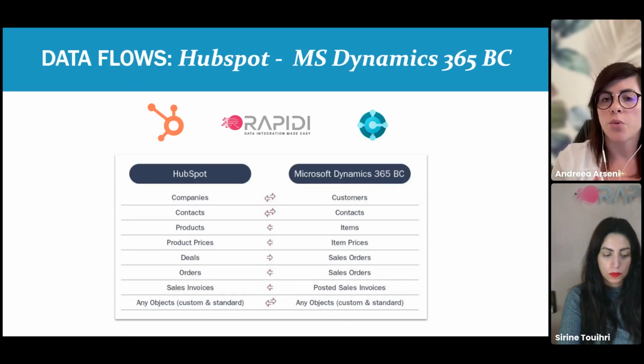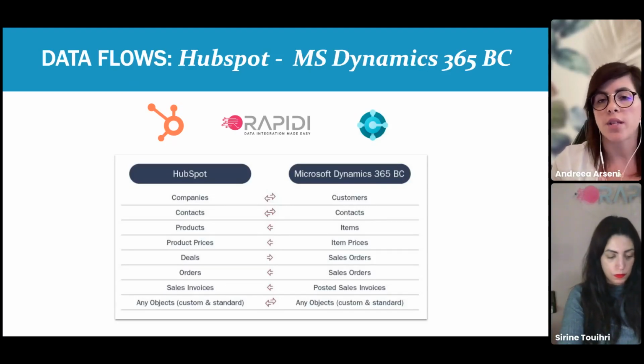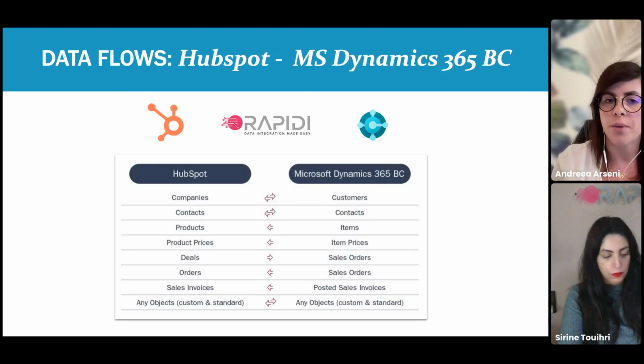But of course, what's important here is that all these data flows that you see on the screen, master data and transactions, have a template associated with them. It means that the template is already available. You just have to use it as soon as you start the integration, and you can start testing and see how the data is being transferred over.